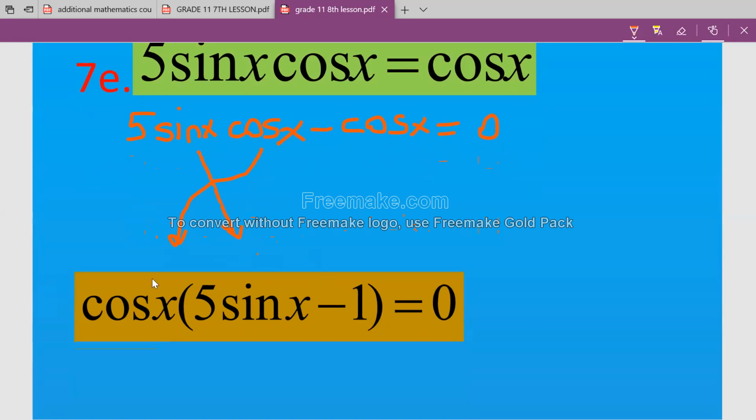So when you expand brackets, you will find your question. Cosine x times 5 sine x is 5 sine x times cosine x, and cosine x times minus 1 is minus cosine x equals 0. We factor it. So when you apply factoring, it's important. First, we apply factoring.